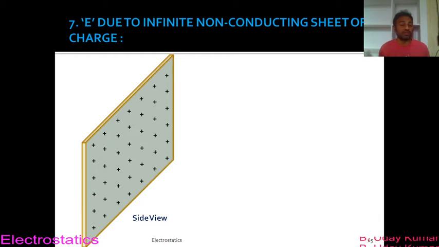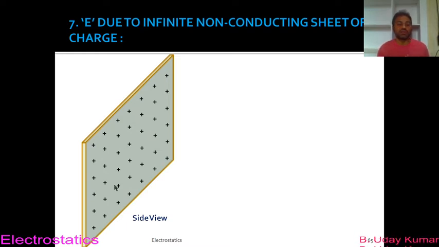Remember, this one is very important, because in our next topic we try to determine the electric field intensity due to an infinite conducting sheet of charge also, and hence you need to differentiate between what is non-conducting and conducting. Once you understand it, both the derivations will be very easy. So it's a non-conducting sheet of charge.